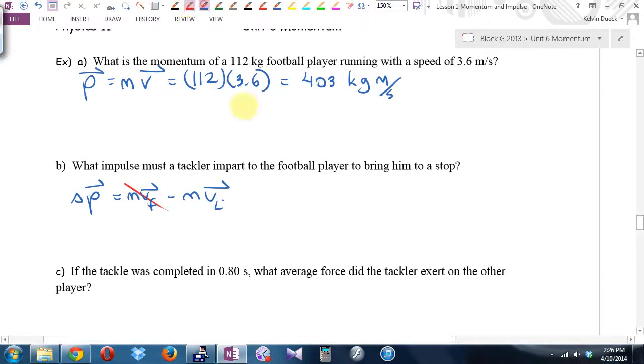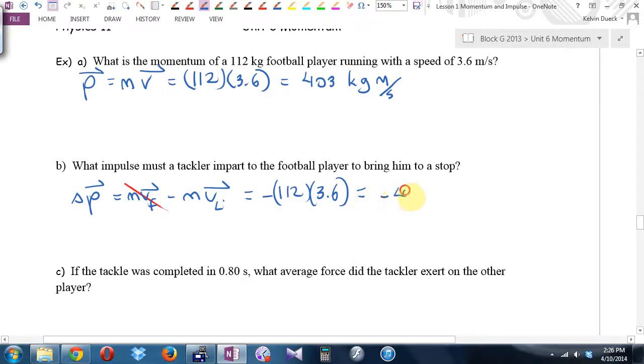The impulse that this tackler has to pass on to the runner is negative 112 times 3.6. And I hope none of you reached for your calculator. I hope all of you said, hey, that's the same answer as part A, but negative.